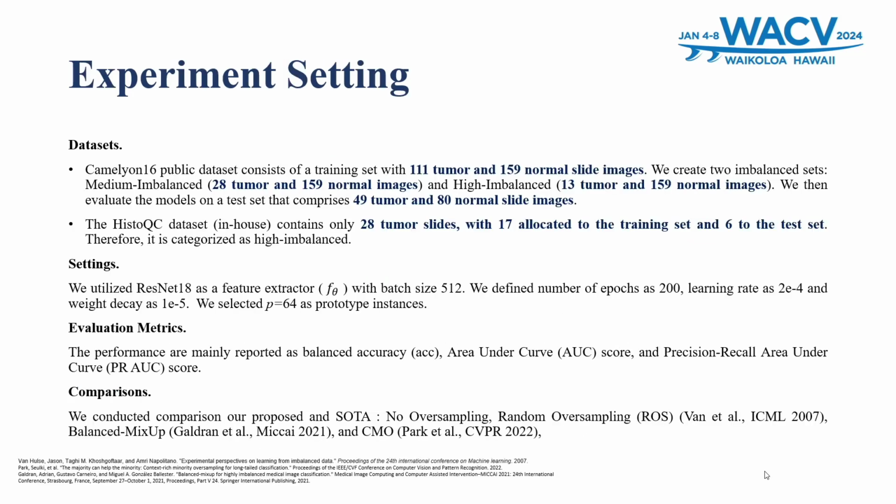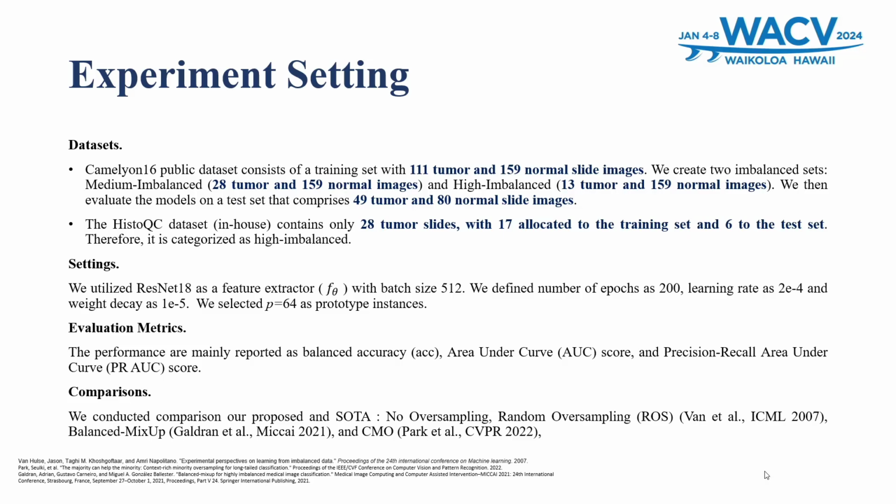In the experiment setting, we utilize two datasets to represent our proposal. The first one, we use the public dataset Camelyon16. We create two imbalanced sets, medium imbalance and high imbalance. The second one, we have Histokishi as our in-house dataset, containing only 28 tumor slides.